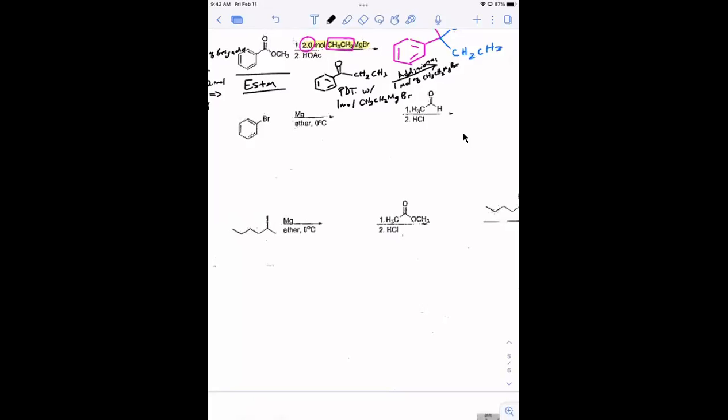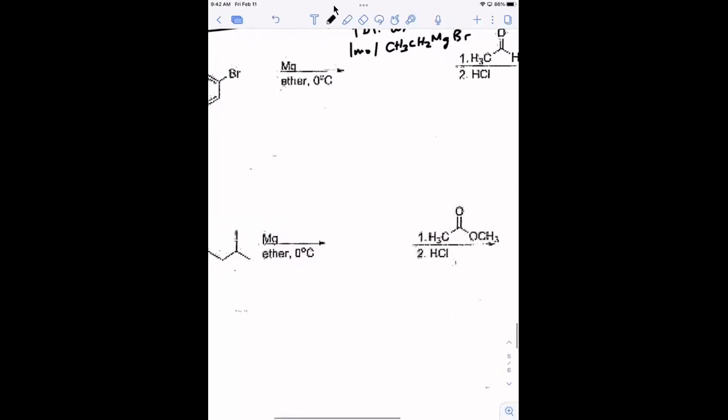Shouldn't the MgBr come out of it? Yes. When you say come out, what do you mean by that? When we were doing the rest of the examples, I know that it always came out as a trash product.